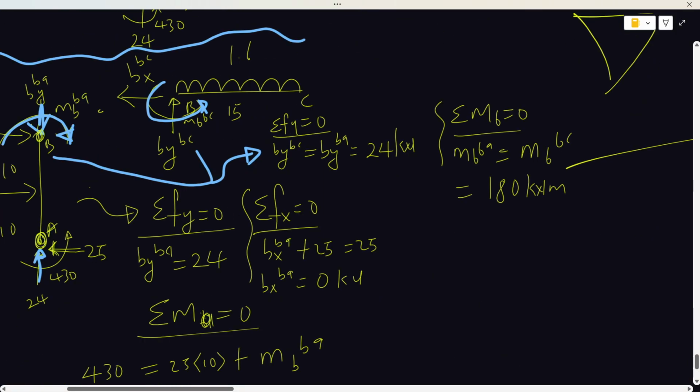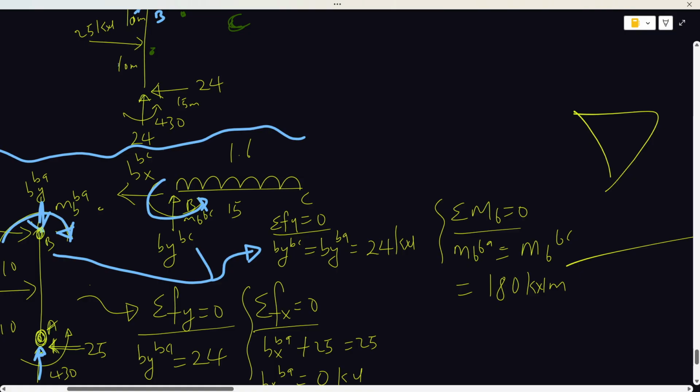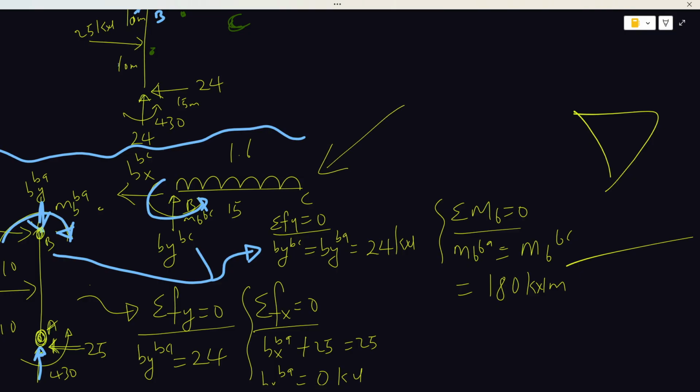Looking at the free body diagram, I'm currently on this view. We used the equilibrium equation on joint B to get BXBC, which was 0, and BYBC.